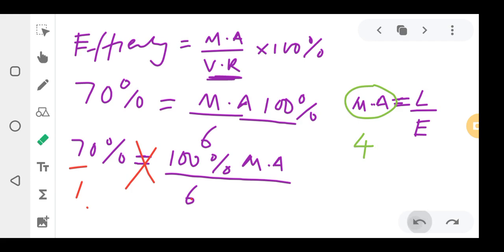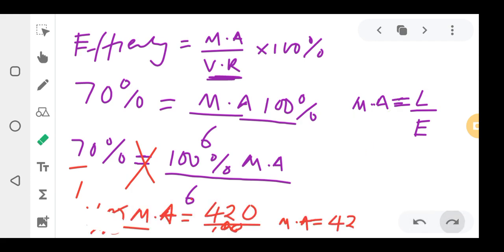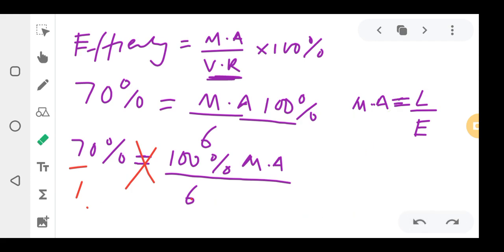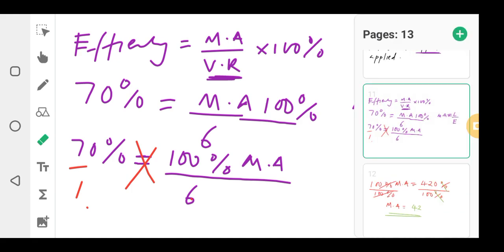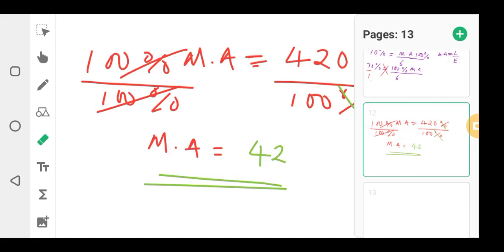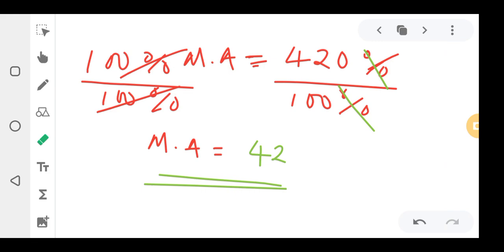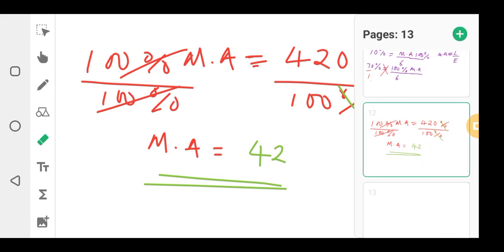We said we found 42 as the mechanical advantage. So I'll take that formula here. We said mechanical advantage is equal to load over effort.